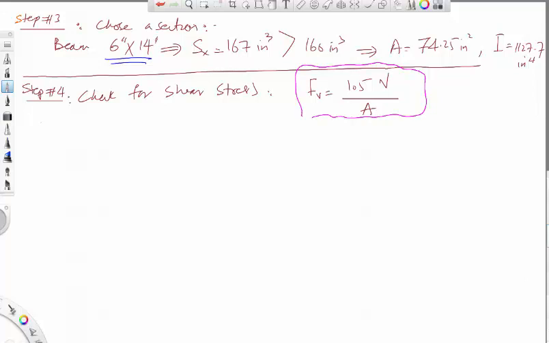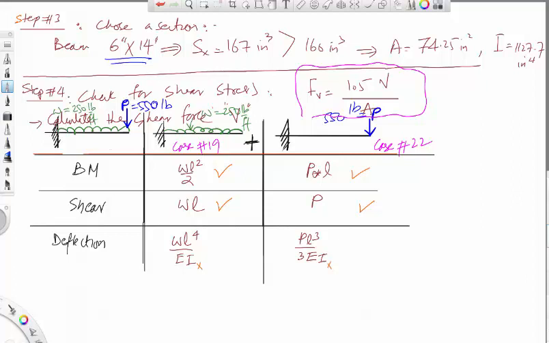So the step I need here is to calculate the shear force, which is V. To calculate the shear force, if you go back to the template, shear is WL for the uniform load, and it is P for the point load.